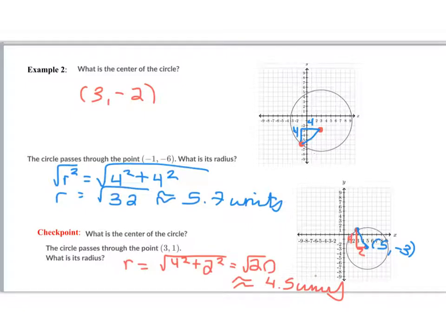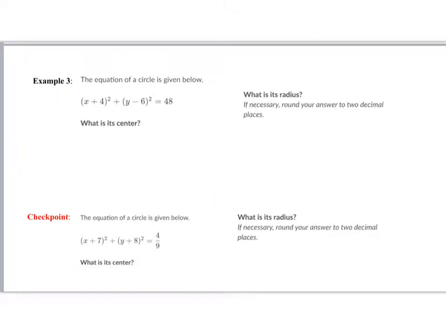Okay, here's the answer. Moving right along to this next one. Here it says the equation of the circle is given below. It wants to know what is the center. So remember I said you can take that piece and set it equal to 0 so you can solve it.